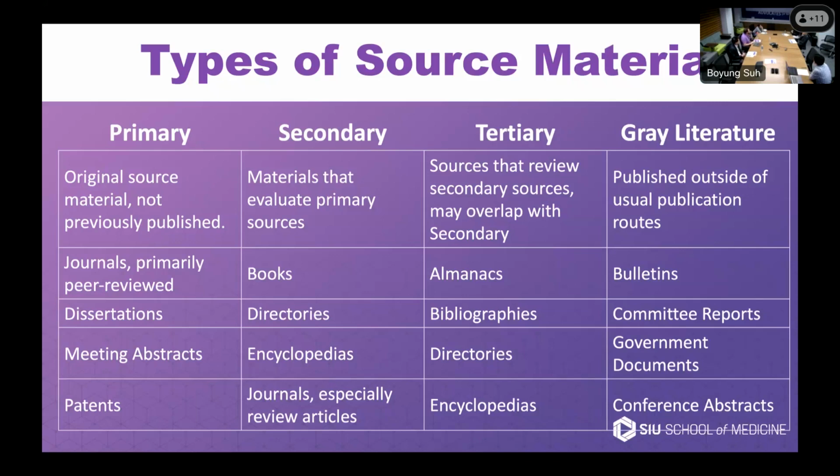Actually, personally, I don't really use the abstract as evidence for a literature review. Yes, so it's kind of a gray area, and you want to just focus on peer-reviewed material. Even a dissertation is peer reviewed by the committee.